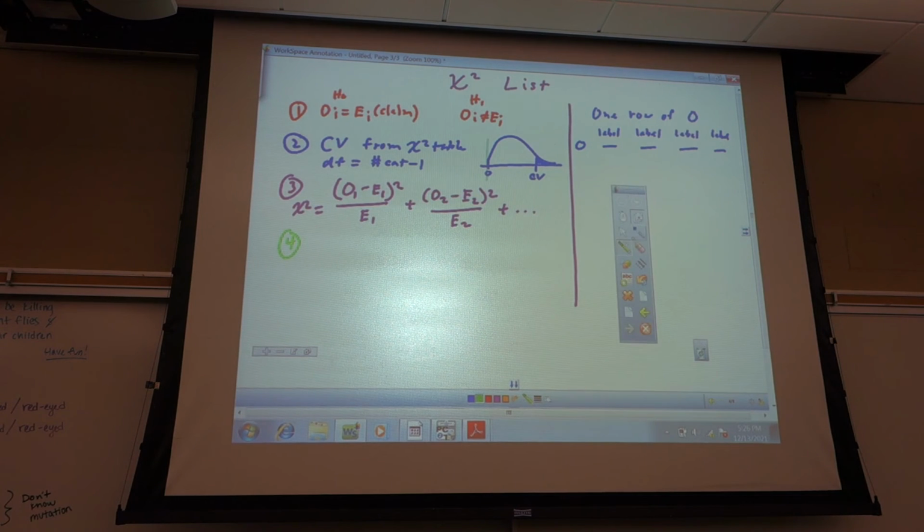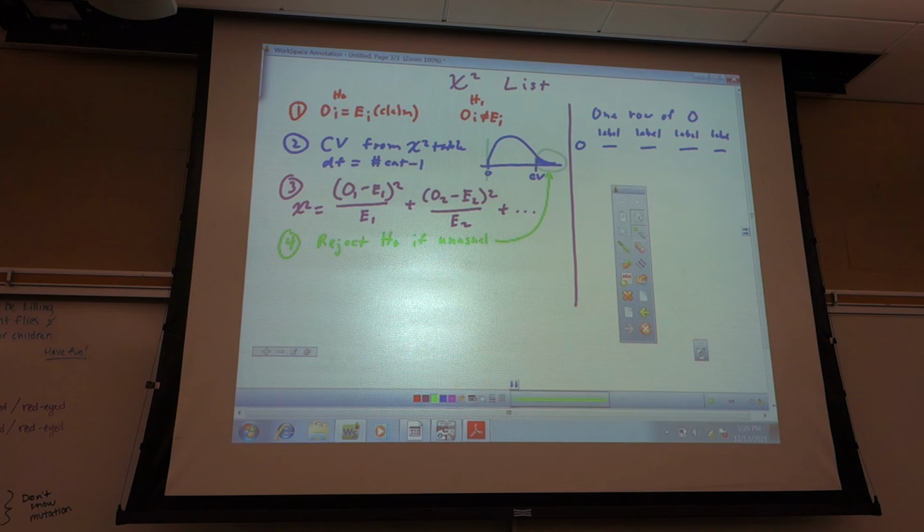All right. So step 4. That's kind of the same, right? You reject H naught if unusual. This is the unusual area over here. Good.